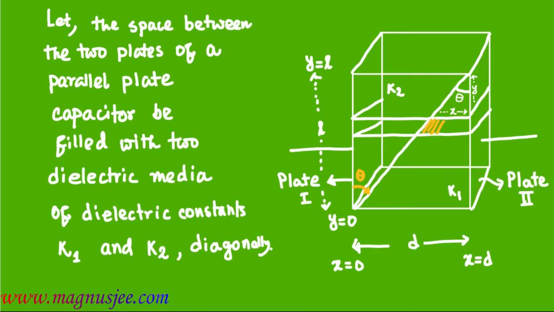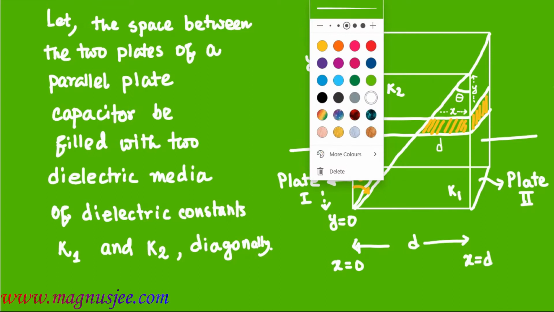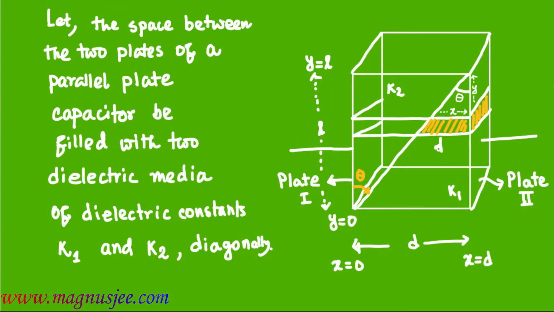The elementary portion of dielectric constant K1 is denoted by yellow color, and the capacitance of this elementary portion is dC1.